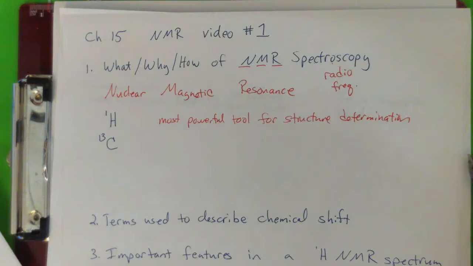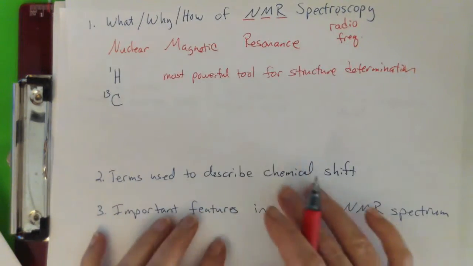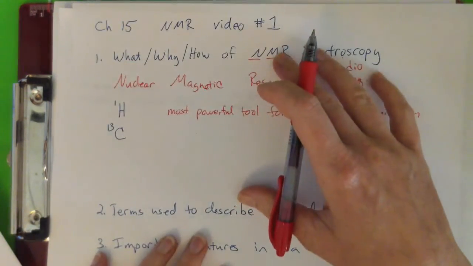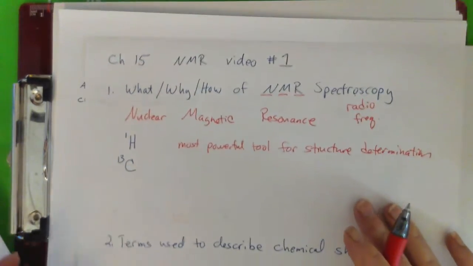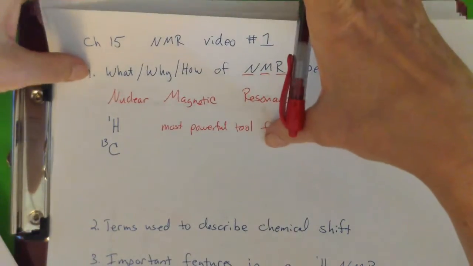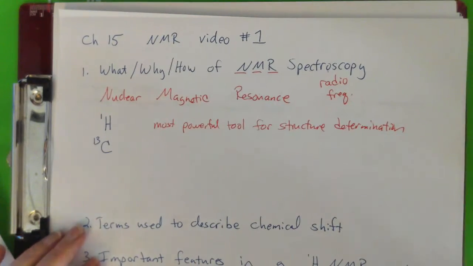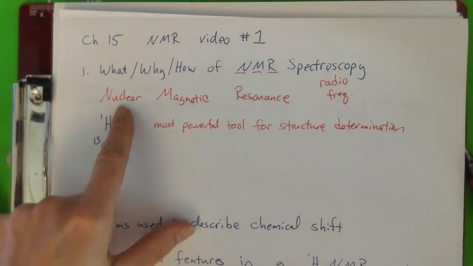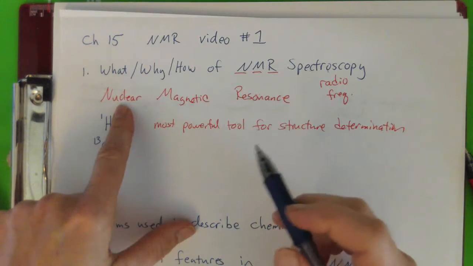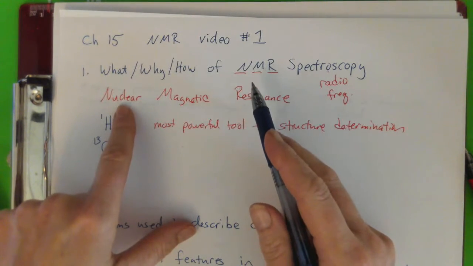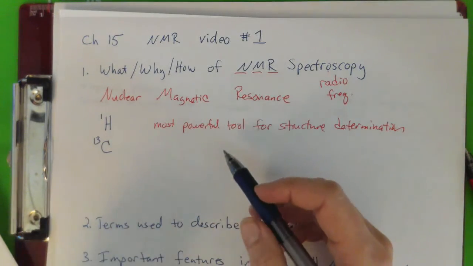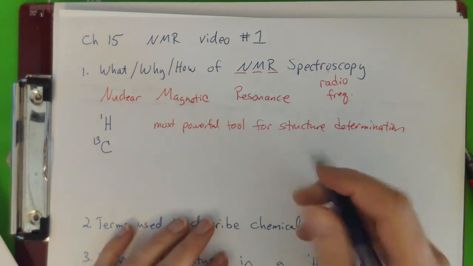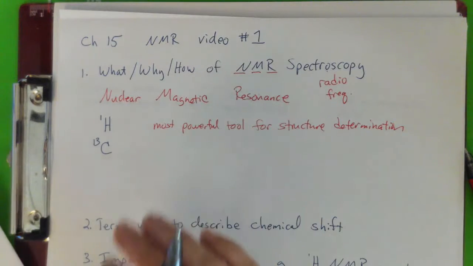All right, before we get to these other two, I'm going to spend most of this video talking about number one. Let's talk a little bit about how it works. So I mentioned that you need an odd number of protons and/or neutrons in order for this type of spectroscopy to work.